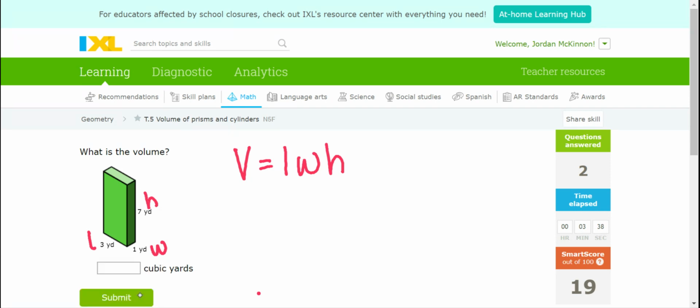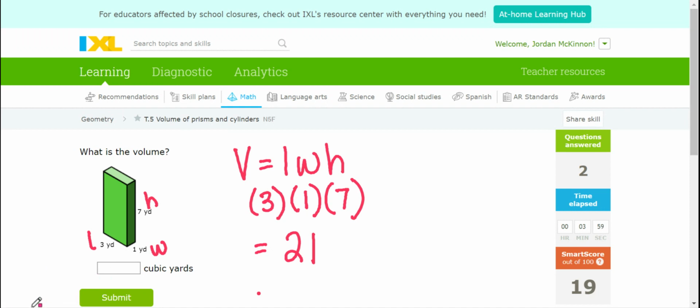My length is 3, my width is 1, and then my height is going to be 7. So 3 times 1 times 7 is going to be 21. So I'm going to put 21 cubic yards.